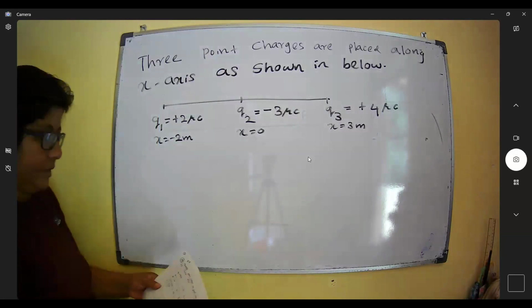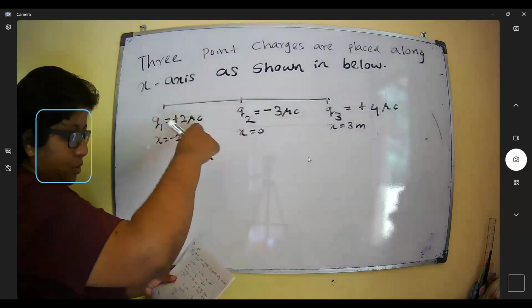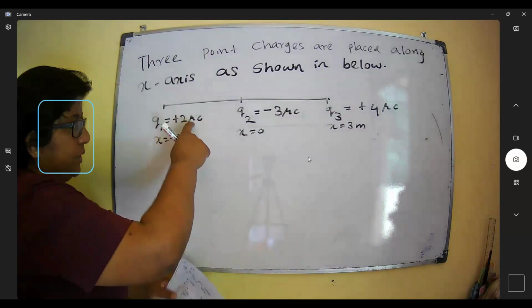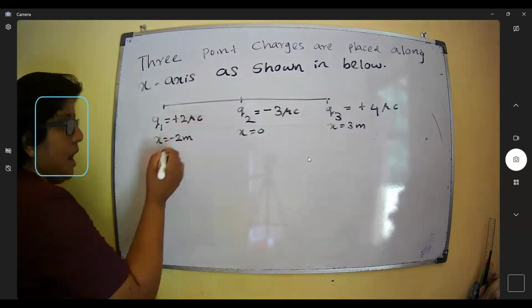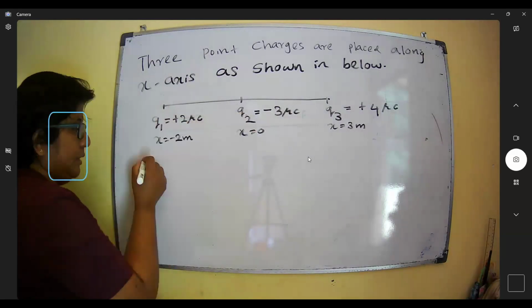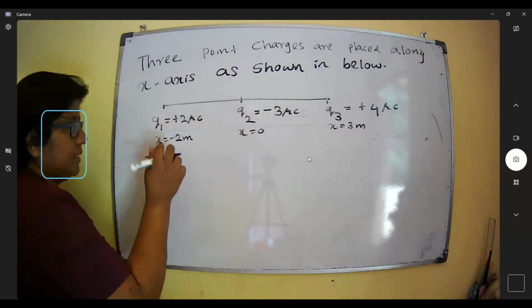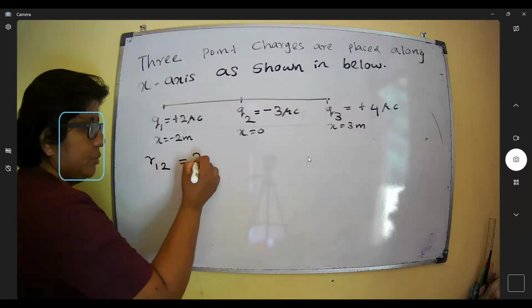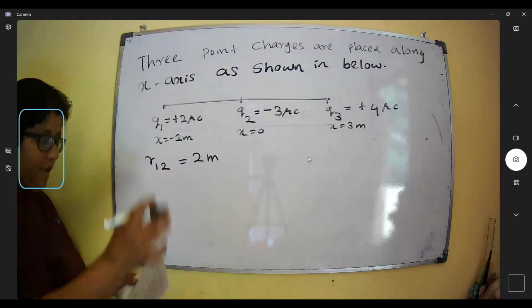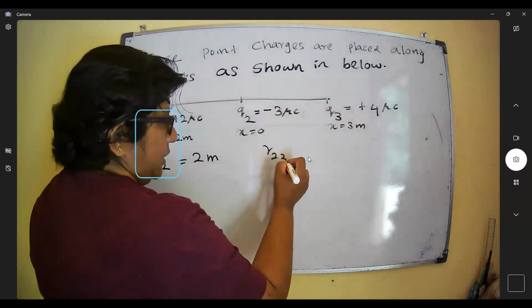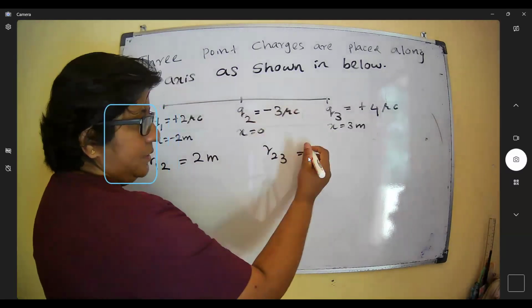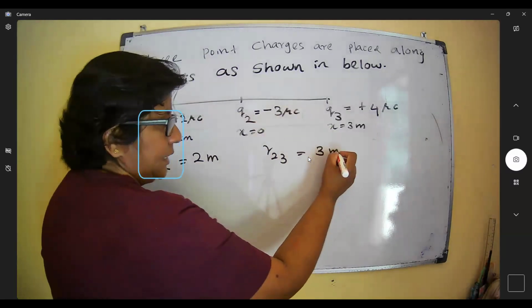Q1 is 2 into 10 to the minus 6 coulomb at x equal 2 meter. I'm taking these as 1, 2, 3. Then R1,2, the distance between 1 and 2, is 2 meter. R2,3, the distance between 2 and 3, is 3 meter.